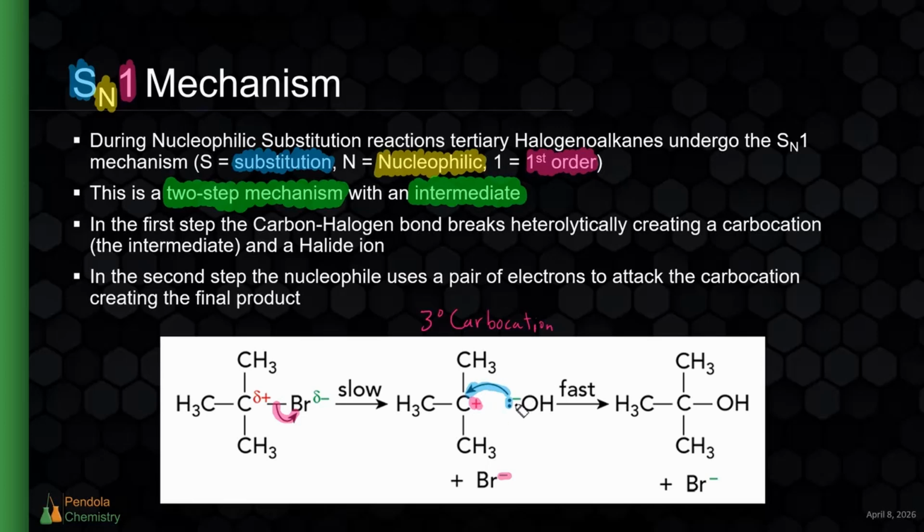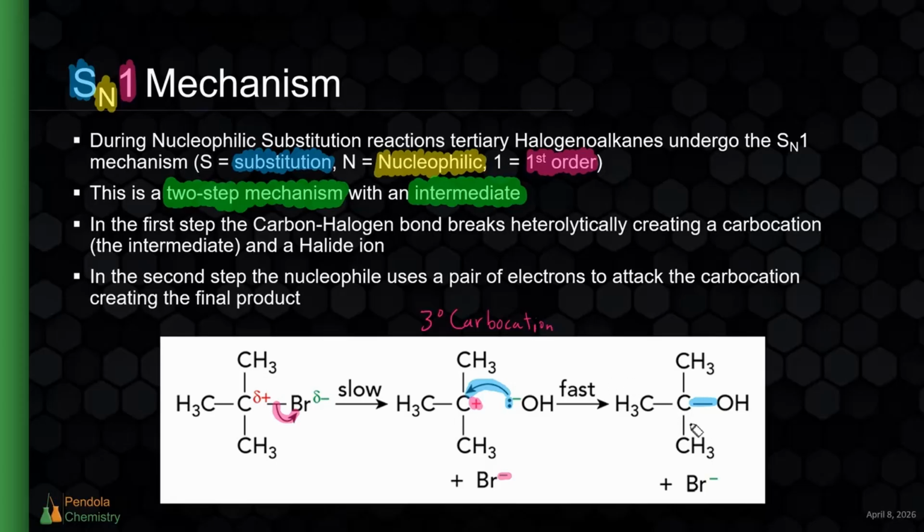That nucleophile sees a positive charge on the carbocation, and it's like, how you doing? And it uses its lone pair of electrons to attack the carbon and form a bond to it. So that bond is created to make our alcohol as a product in the second step.